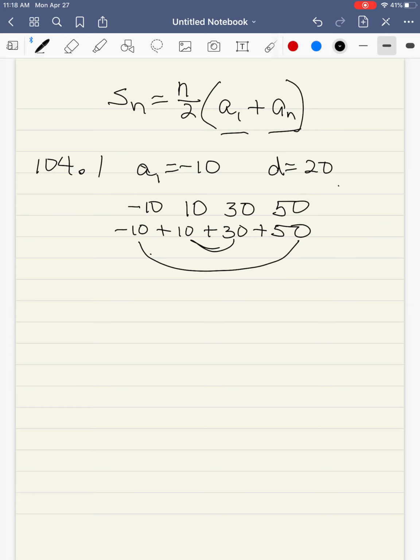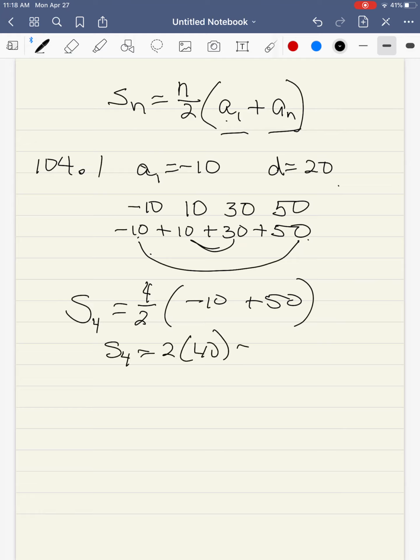Okay, the answer: negative 10 plus 50 is 40, and then 40 plus 40 is 80, and then we take 4 divided by 2, so then we know that the sum is 80. If we put in negative 10 plus 50 and 4 over 2, what do we get? And that's what we said we get when we added these together.